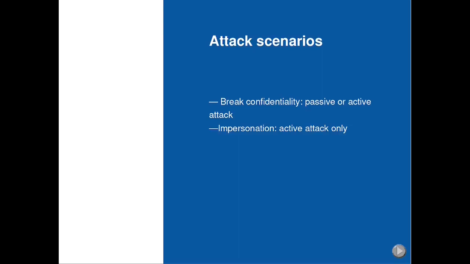Breaking confidentiality can be achieved by a passive attack, which is just listening to the communication channel, or by an active attack, which means actually changing the communication. Impersonation, on the other hand, can only be an active attack.